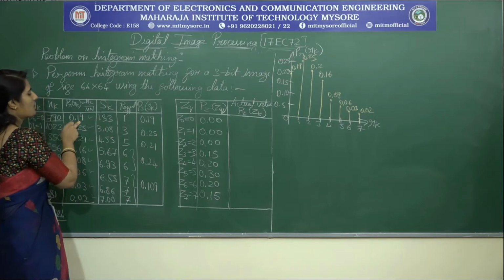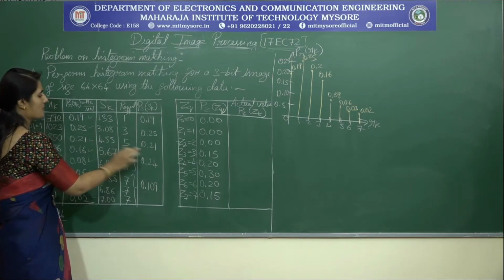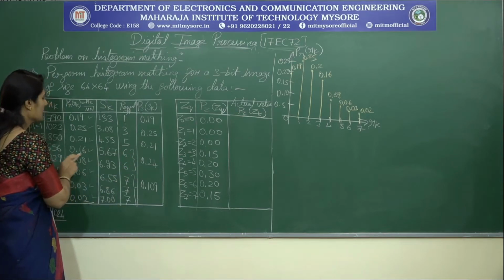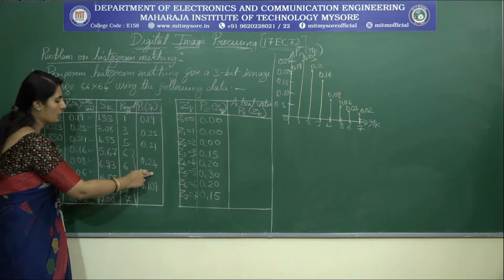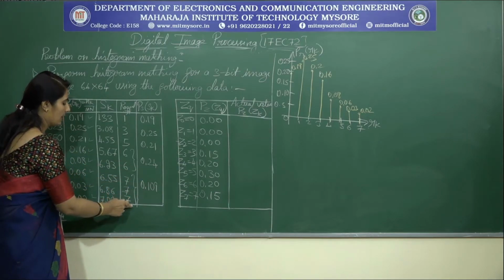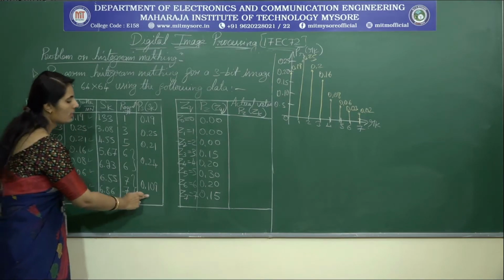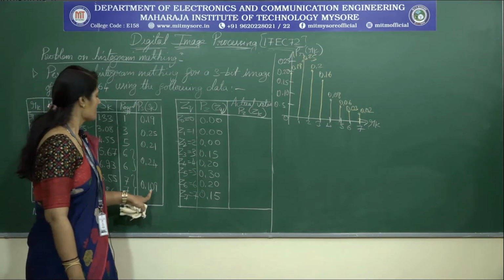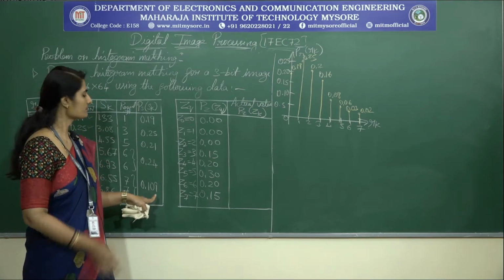For 1 it is 0.19, for 3 it is 0.25, and for 5 it is 0.21. You have two 6s here, so for 6 it is the sum of 0.16 and 0.08, which is 0.24. You have three 7 values here, so the sum of 0.06, 0.03, 0.02 results in 0.11. So now this is the histogram equalization.